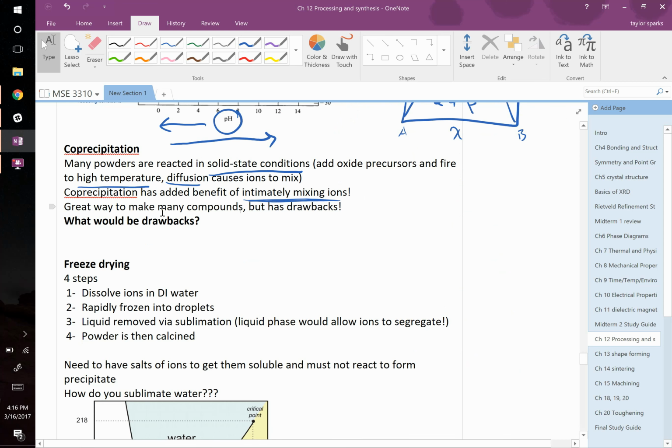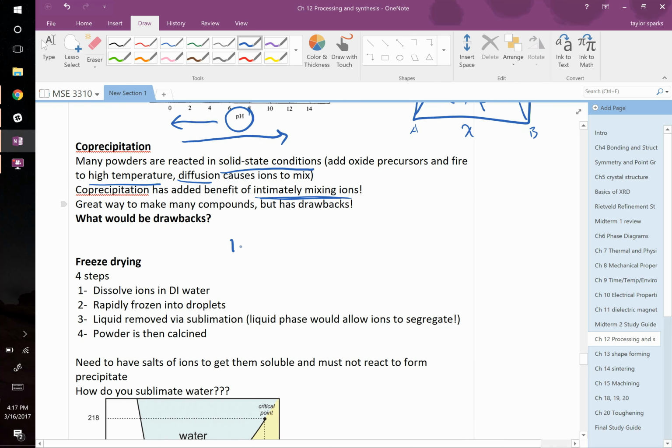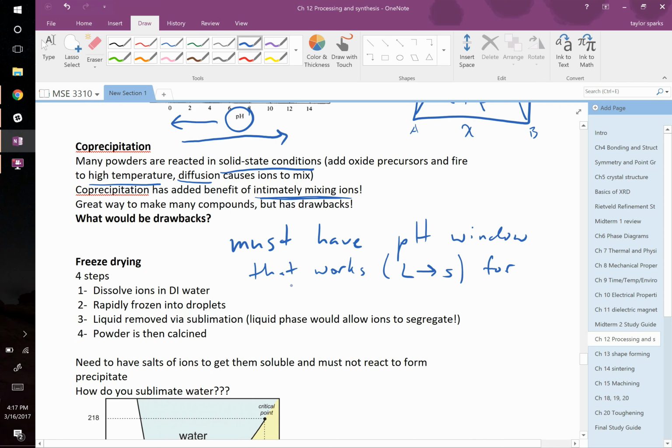Okay, hopefully you've talked about that and realized that one of the main challenges is that you must have a pH window that works. What do we mean by works? We mean liquid to solid for all ions, right?